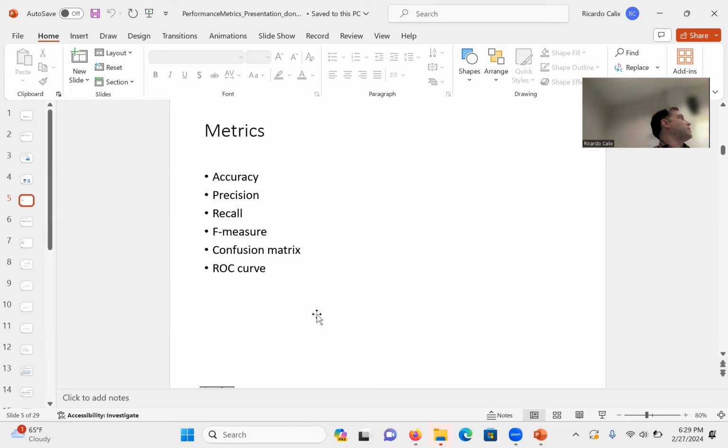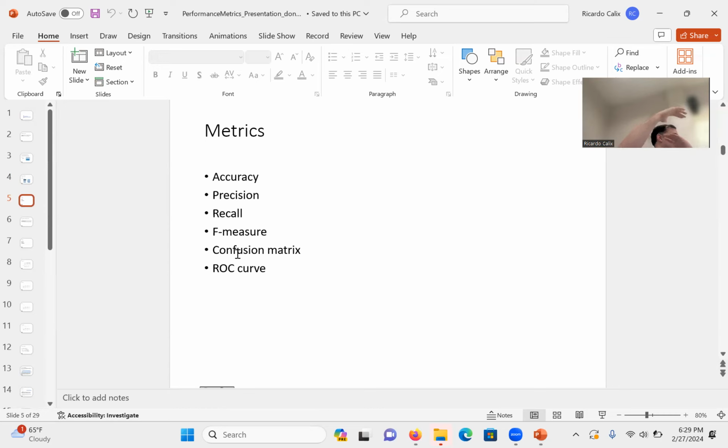What is the ROC curve? It's one of the metrics that we're not going to use for this, but it's a metric that compares two things, and the curve moves like this, and it determines how good or bad something is. But it's not one of the metrics that I use a lot. The metrics we're going to look at are accuracy, precision, recall. Accuracy, precision, recall, F measure, and confusion matrix are all a family.